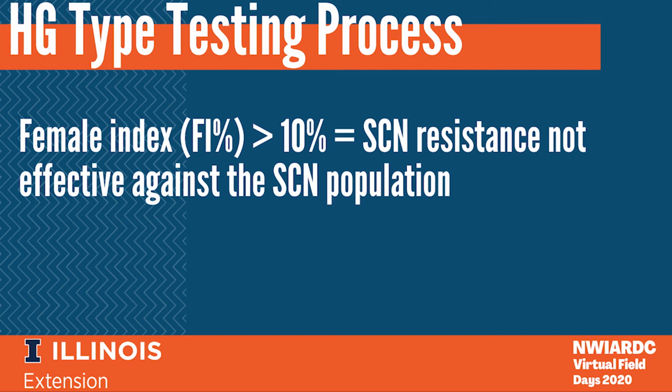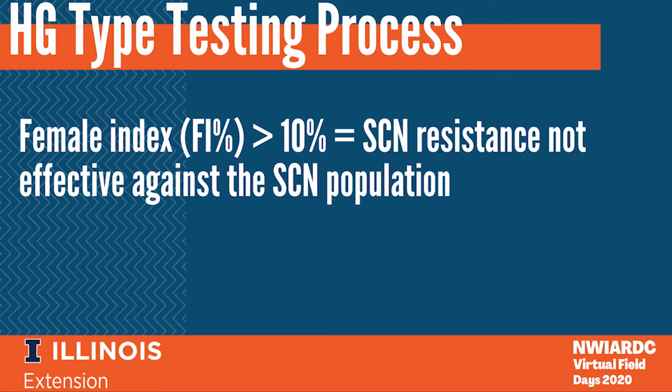The threshold that we have set for soybean cyst nematode is that if there is an SCN population that has a female index of 10% or greater, meaning it reproduces at least 10% of the amount of females that you would observe on the susceptible Lee, we're going to say that that SCN population can overcome that resistance.